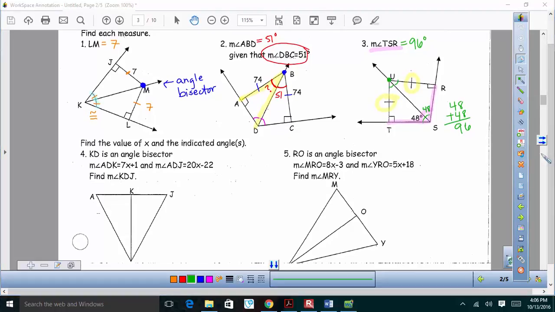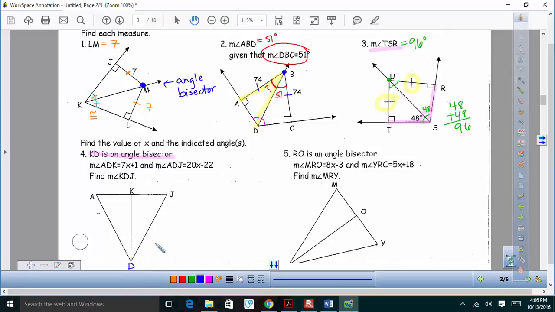Okay, now in number 4, we're going to have to take all this information that they give us here and fill in. So the first thing that they tell me is KD is an angle bisector. And so on your sheet, KD is this right here.